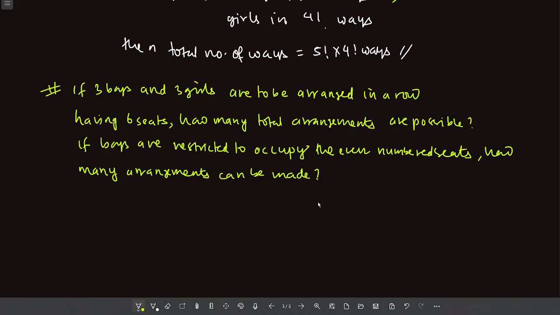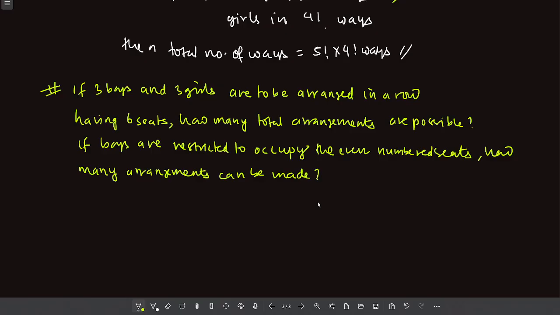So, what do we say for the first question? The first question has asked us to find the total number of ways to arrange all those people. There are six people and six seats. Then what will be the total number of ways by which all those six people can be arranged? 6 factorial.